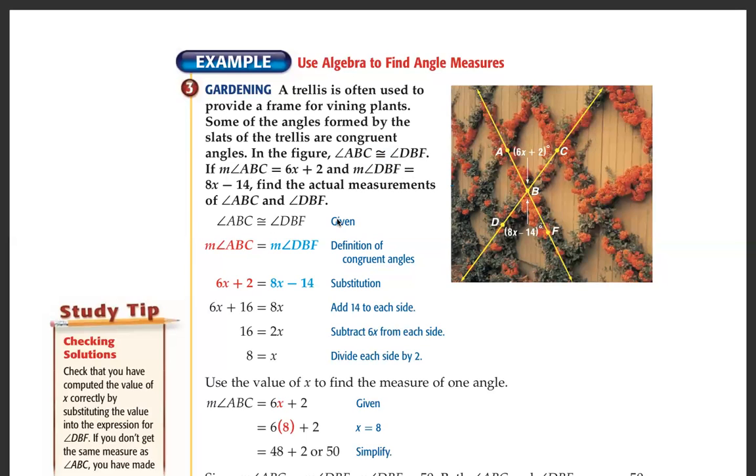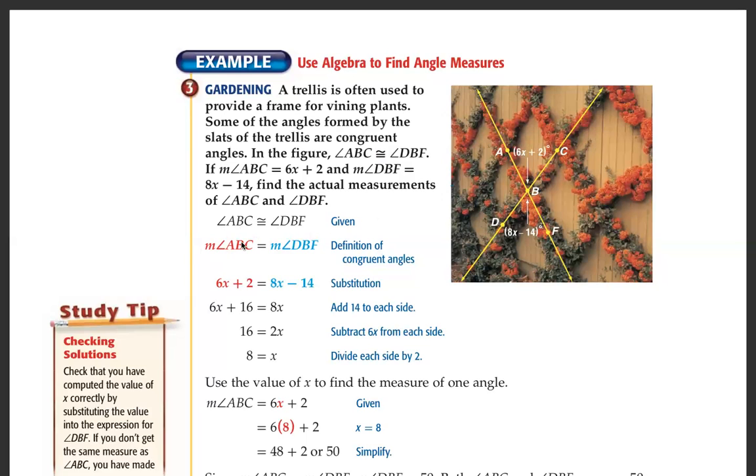So given that the two angles are congruent, by definition of congruent, then they are equal. So you see, without M, and then all of a sudden it contains M now because we're using an equal sign. So this is our equation.